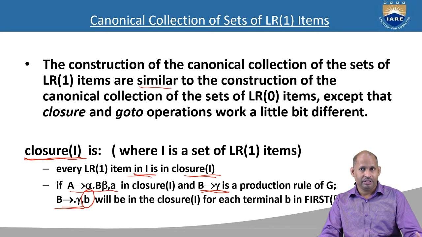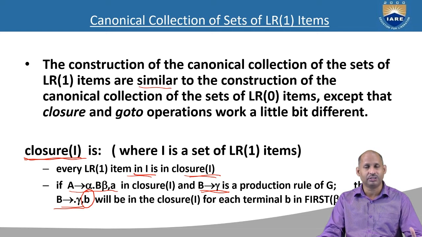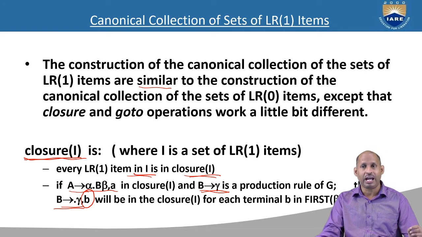Here, the dot is followed by a variable B, so we add the variable's production into the closure of I. So we added the production B gives dot gamma, and it is followed by b.